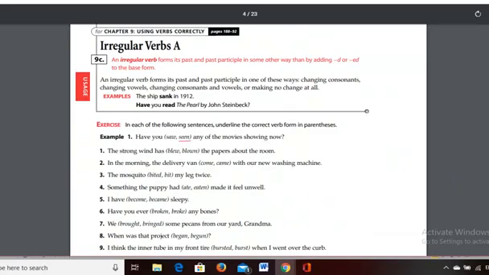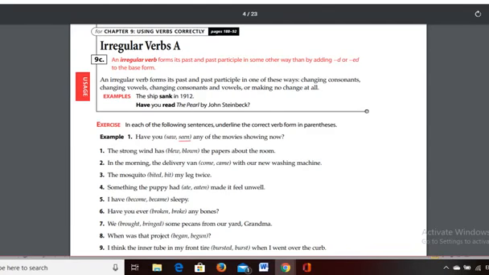And it says here, an irregular verb forms its past and past participle in some other way than by adding D or ED to the base form. So it's going to look different. An irregular verb forms its past and past participle in one of these ways: changing consonants, changing vowels, changing consonants and vowels, or making no change at all.